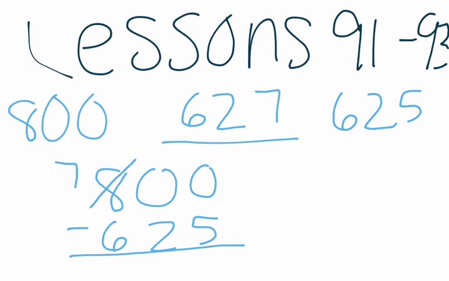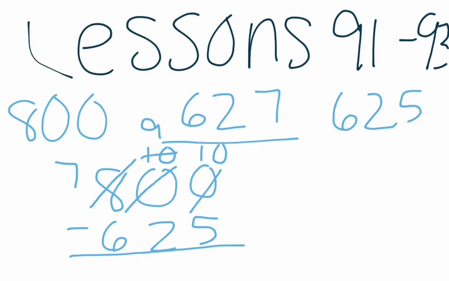8 becomes a 7. Remember we knocked all the way over to here because you can't do these two. But now you can add a group of 10 here because you borrowed a group of 10. So now this becomes a 10. But this one still needs help, so in order for this to become a 10, this needs to become a 9, because you need to grab another group of 10.